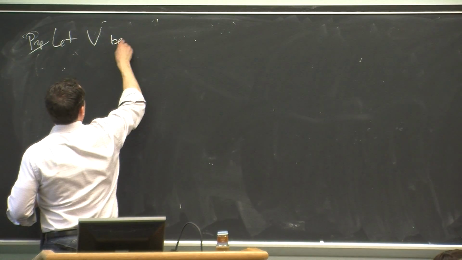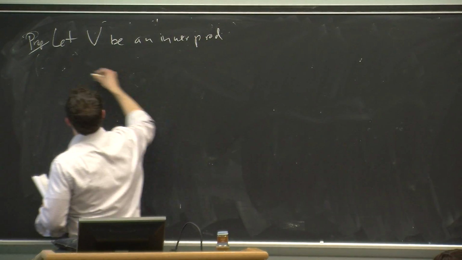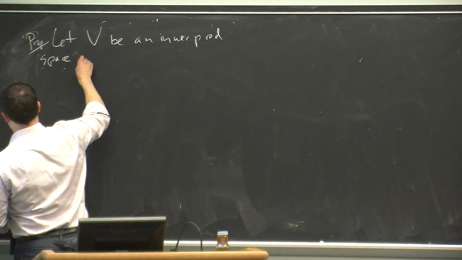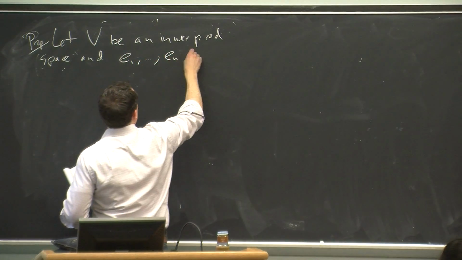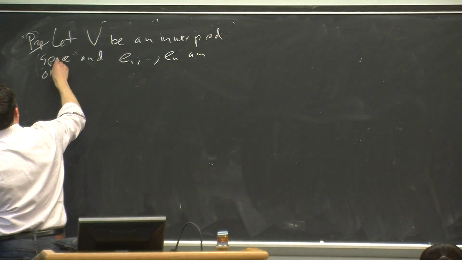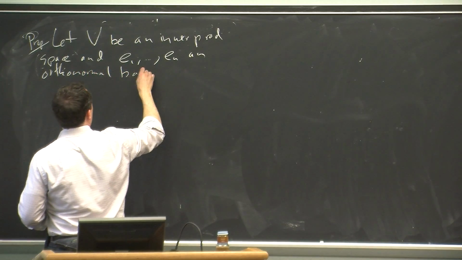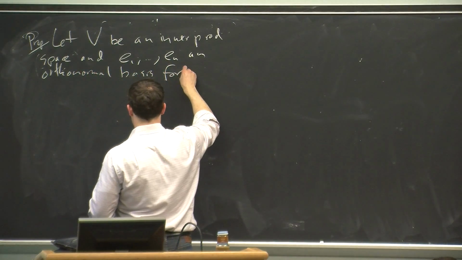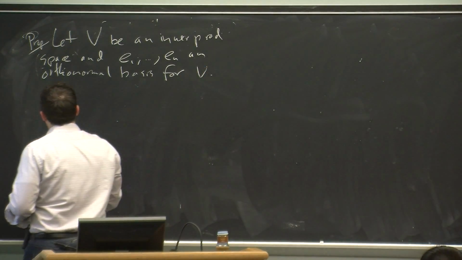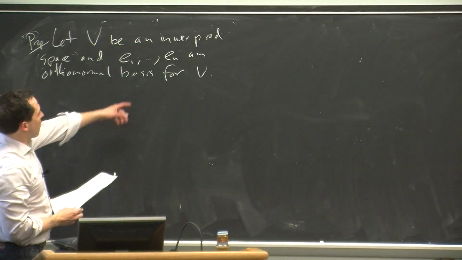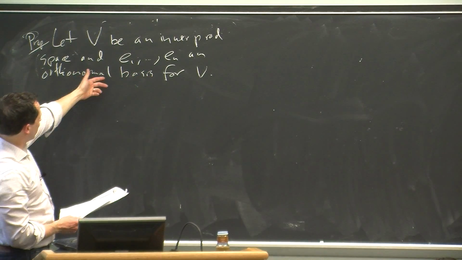So let V be an inner product space and E1 up to En an orthonormal basis for V. Of course, I know that I can take any vector in V and write it as a linear combination of the elements in the orthonormal basis.